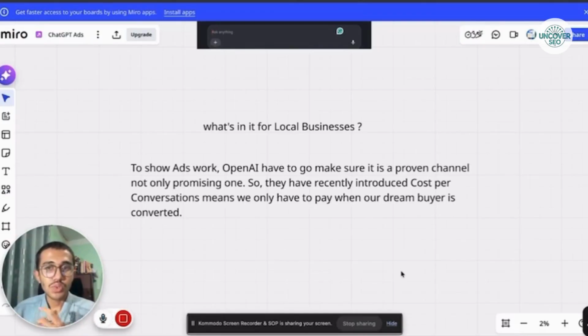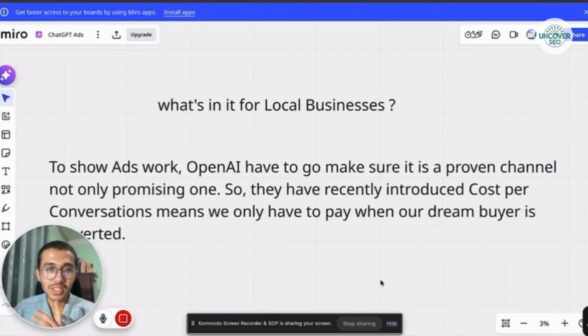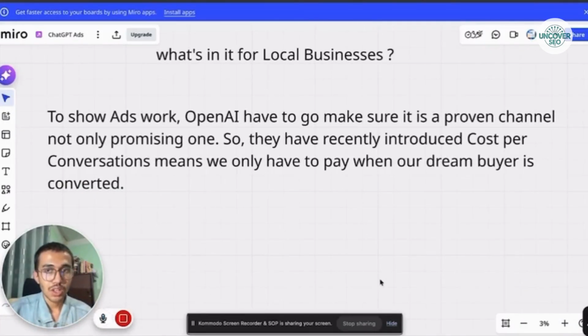Recently they have introduced cost per click, especially for targeting local businesses, so we only pay when our dream buyer converts. This will help local businesses optimize their costs by paying only when the dream buyer is converted.